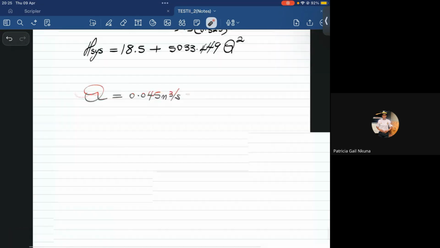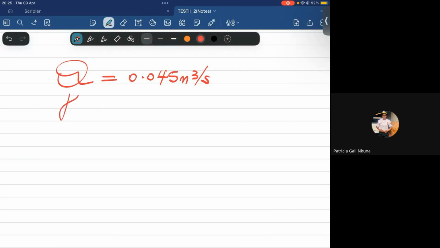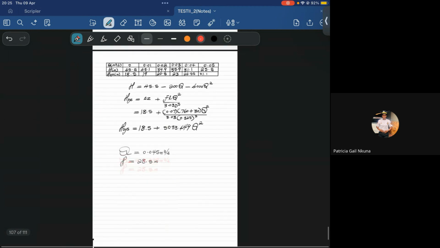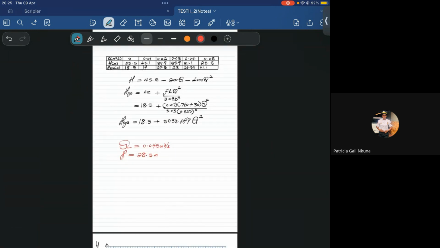So that is the magnitude of our head. Our head here is equal to 28.5 meters.